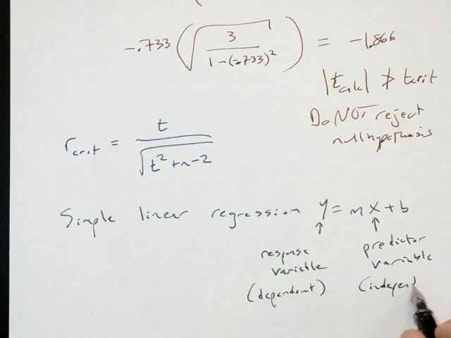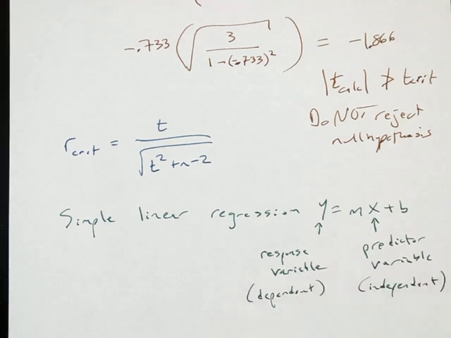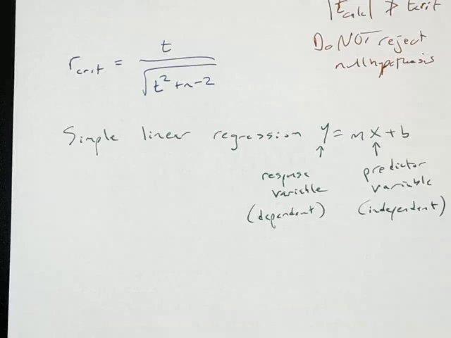I have a response variable and a predictor variable. This sounds familiar. We talked about responses to changes in our ANOVAs. Okay, I'm happy to hear those terms come back.